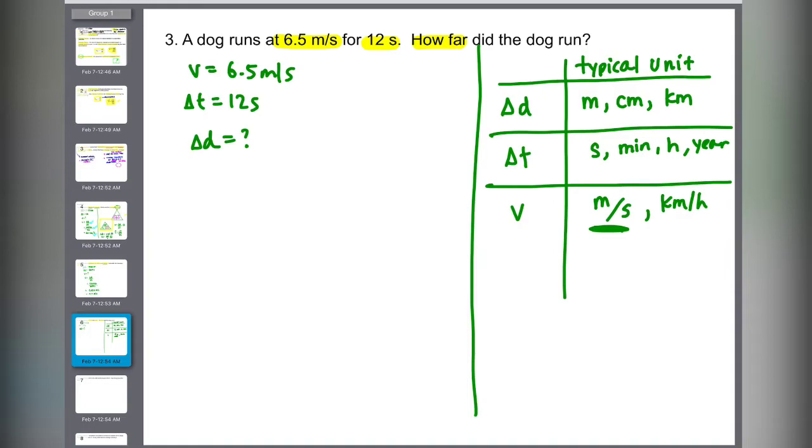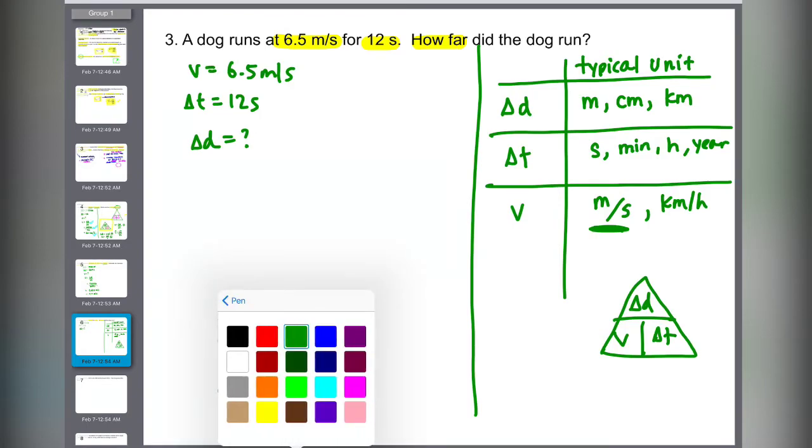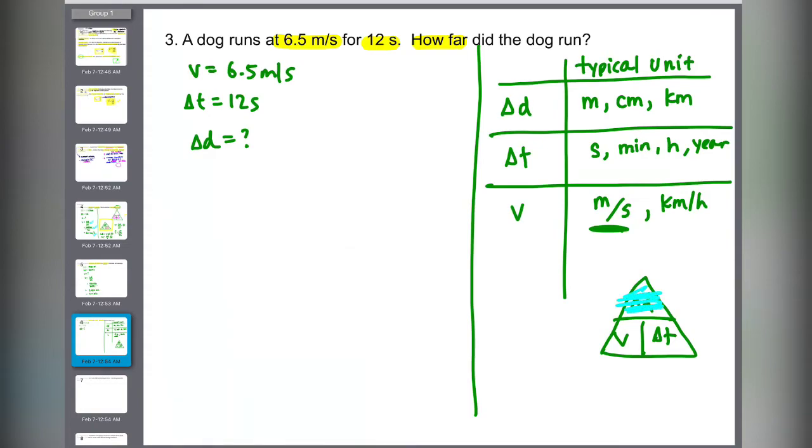Is the dog running? So go back to your magic triangle. If you need it, I'm just going to draw my magic triangle again. D was at the top. I want to look for D, so cover up your D. Do you see how V is beside your T?